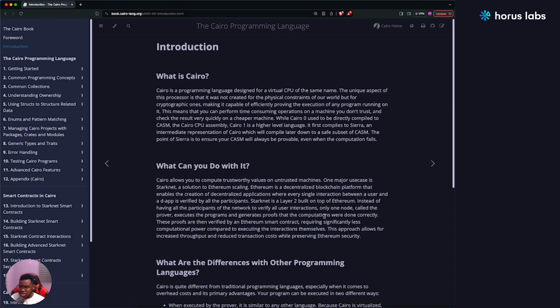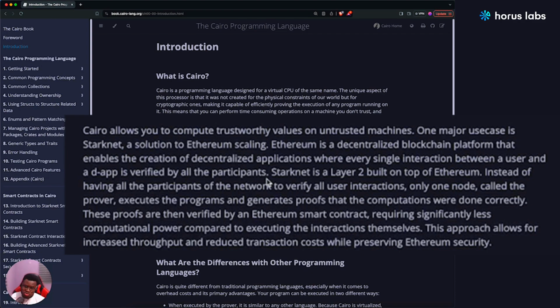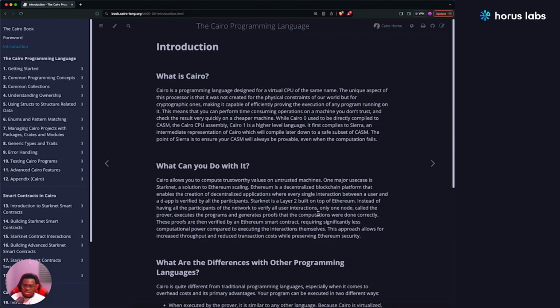One of the biggest implementations of this is StarkNet. StarkNet is a layer 2 built on top of Ethereum. The idea of StarkNet is to scale Ethereum, and it takes advantage of zero knowledge proofs to do this.